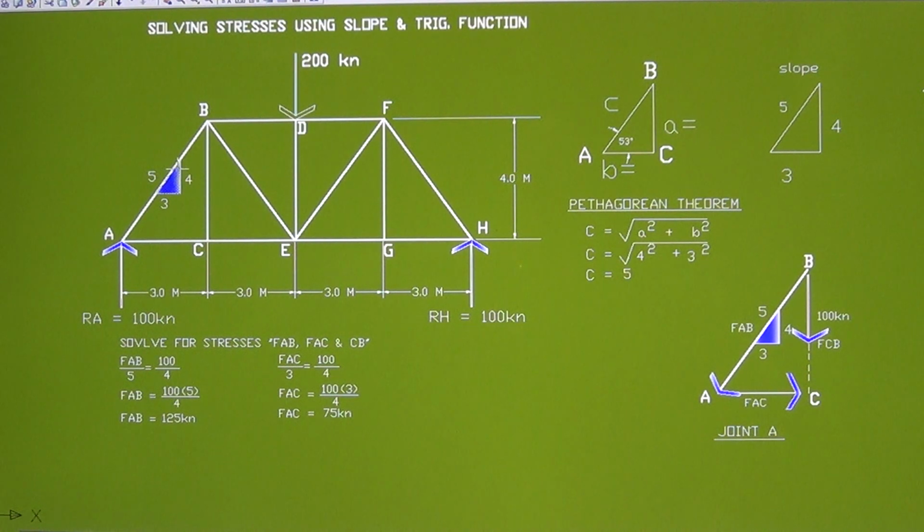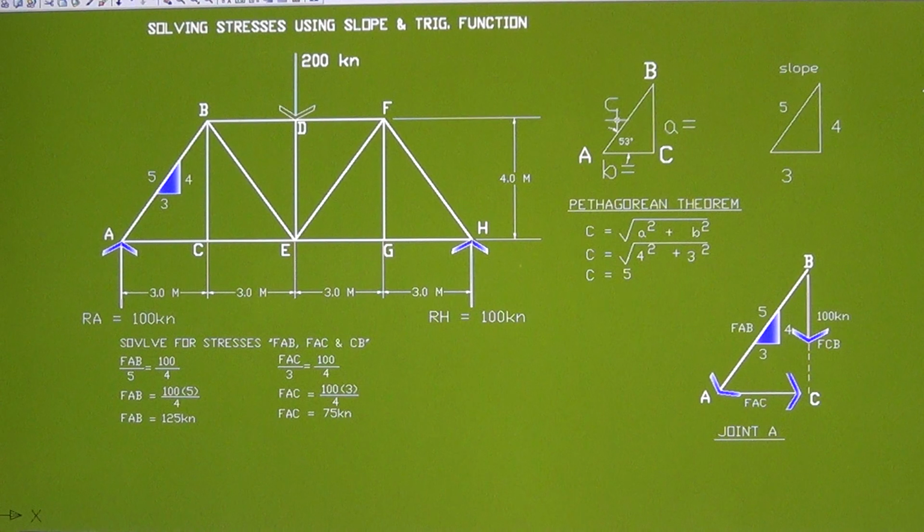To solve for the inclined slope, draw the triangle ABC right here. If this is your angle here, that's your opposite side A, and this is the adjacent side B, and this is the hypotenuse C of the triangle.